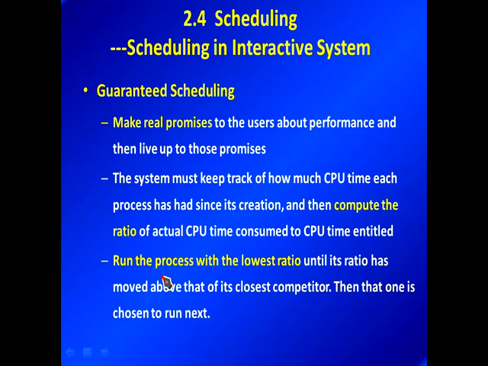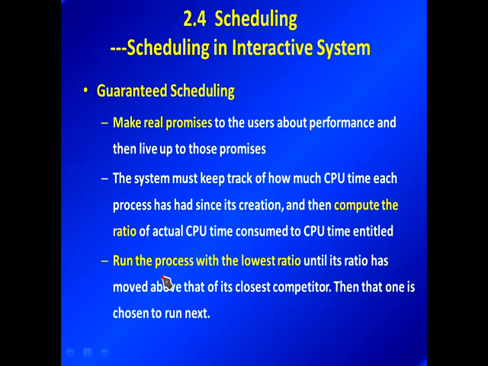And the next one is called guaranteed scheduling. With this algorithm, the scheduler will make some promises to the processes or to the users. For example, if there are 3 processes in the system, the scheduler can make a promise that each process can get 1/3 of CPU time. And this is the promise from the scheduler.